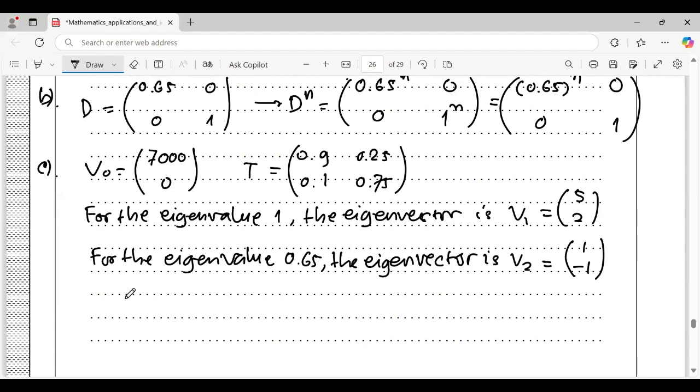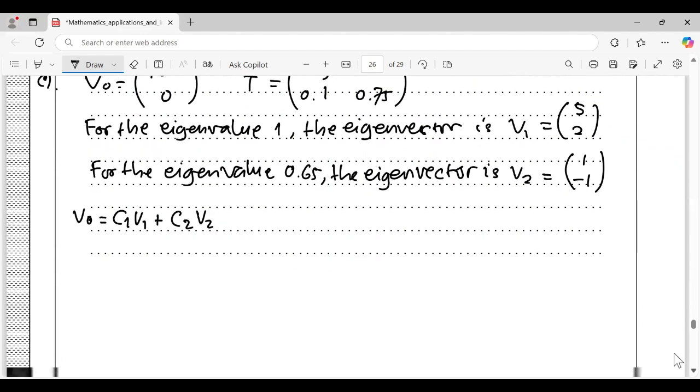A vector can be expressed as a combination of the eigenvectors. So the initial vector equals C1 phi1 plus C2 phi2.